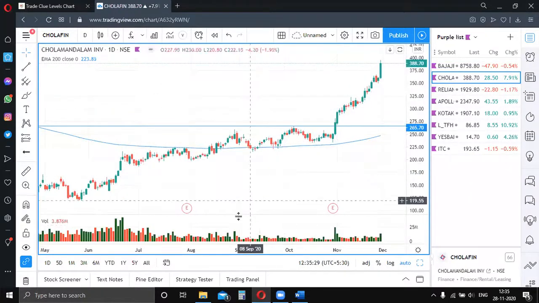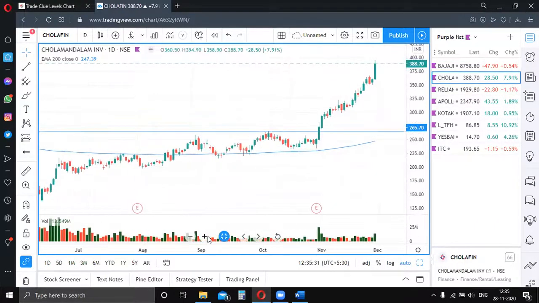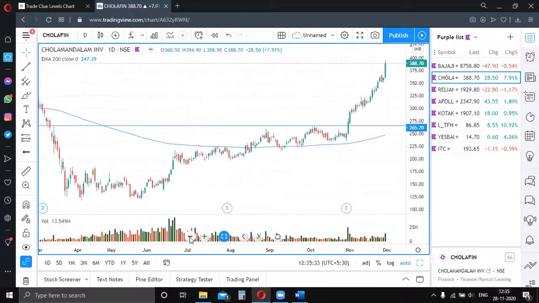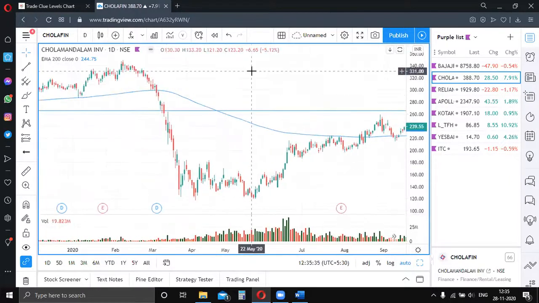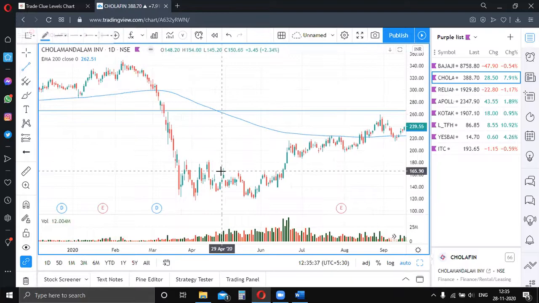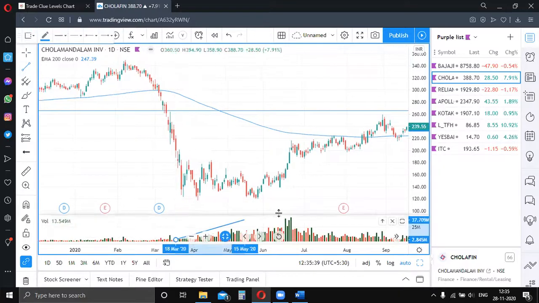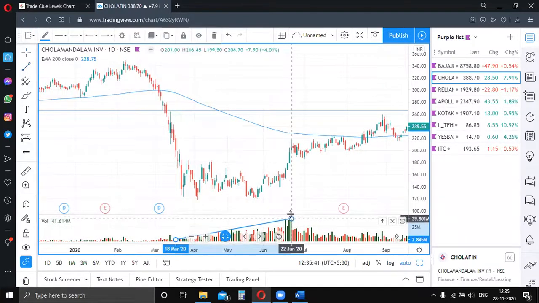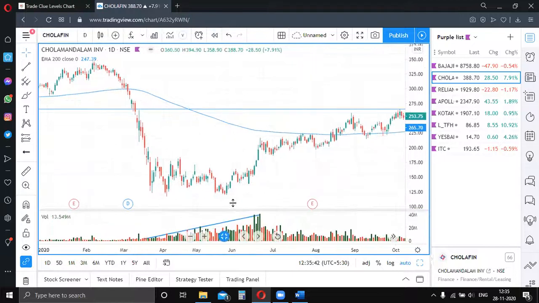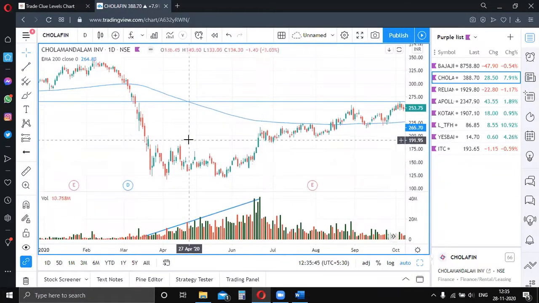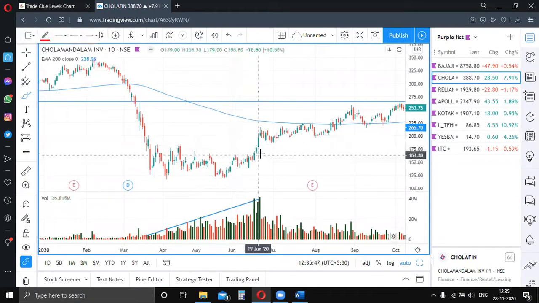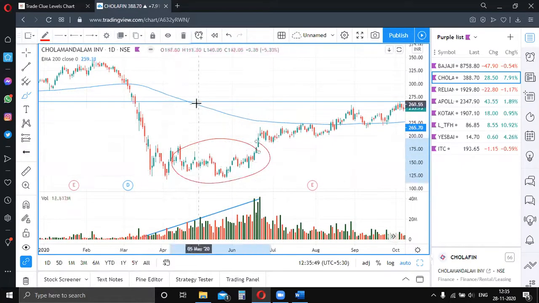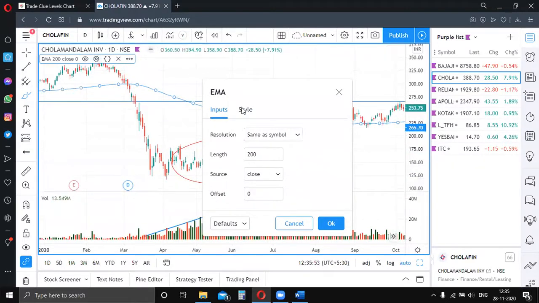Now see here, there was a good volume backup for the stock when it was in a consolidation. So people were actually aggressively buying in that zone, but the price was below this 200 moving average. Let me give another color.